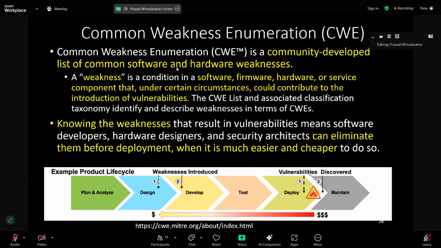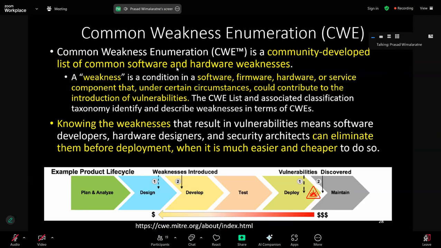Now, when do we discover? Well, when you go to deployment, some of the vulnerabilities are discovered. So when you deploy, we see, oh, well, we have security bugs here. Or even after deployment, certain security incidents happen. So during the maintenance phase, you will discover the vulnerabilities of your system.